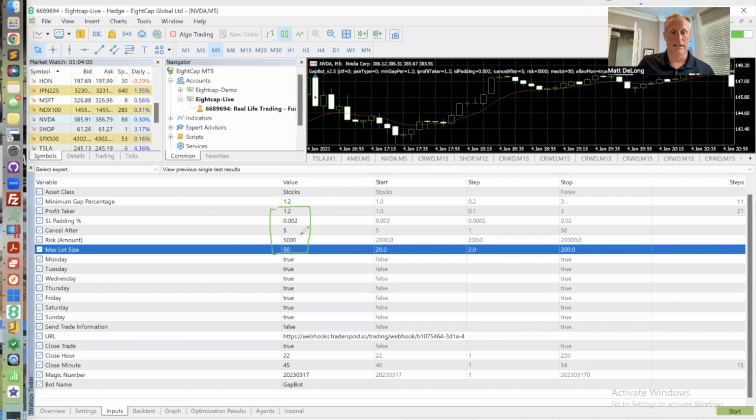So we're going to risk $5,000 and have a stop loss padding of 0.002%, which is a percentage of the price, and a profit taker of 1.2, meaning we're going to risk $5,000 to make 1.2 times that, 20% more, AKA $6,000. Our max lot size comes from our funded account rules. So a 500K account has a 50 max lot size.